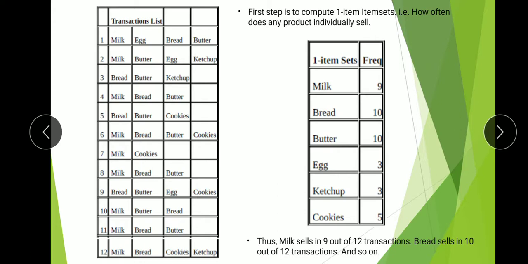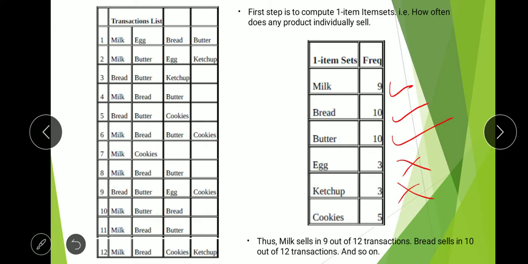If you observe milk, it is 9, obviously greater than 3.96, so we can select this. Bread also has a greater frequency, and butter. What about egg? Is it greater than 3.96? No, therefore we cannot choose this, and we also cannot choose ketchup.